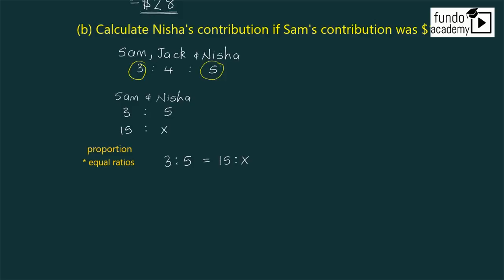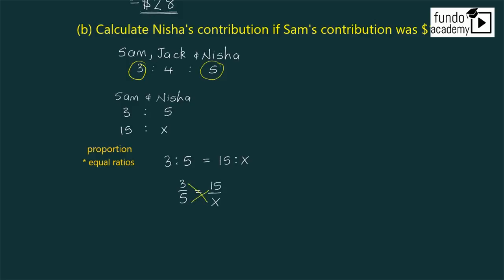Since these guys are contributing in the same ratio 3:5, whatever amount they contribute should be reduced to give us the simple ratio 3:5. So these are equal ratios. That means that 3/5 is equal to 15/x.